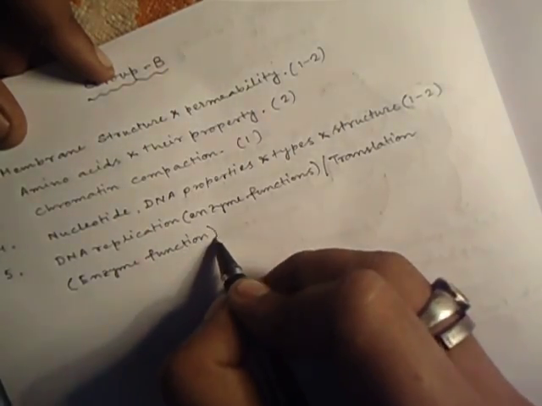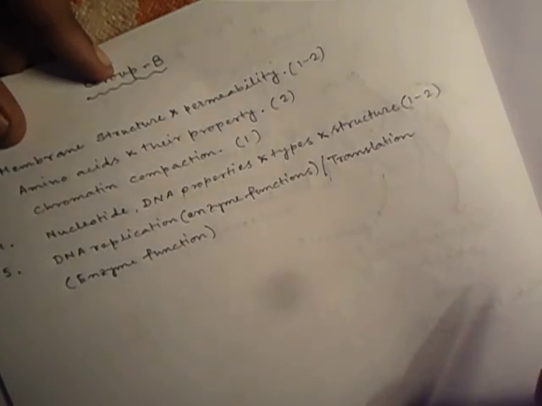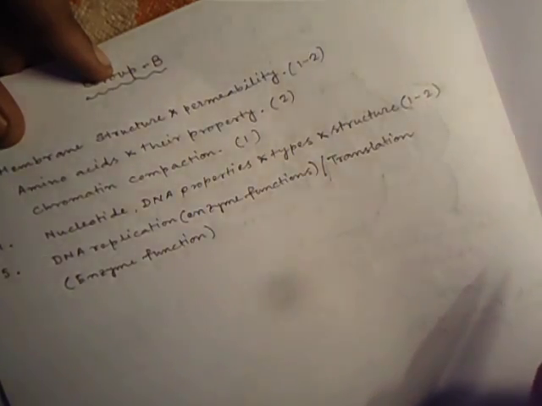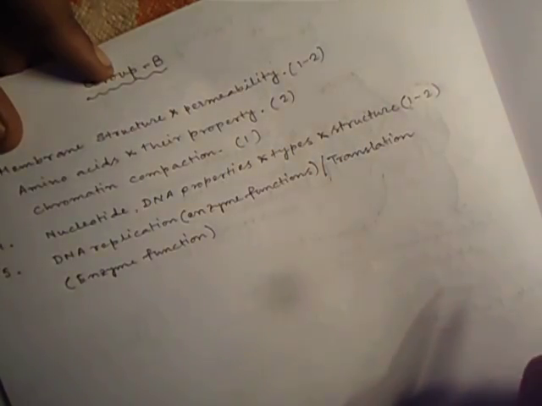These are very much important. DNA replication, transcription, especially enzyme functions of DNA replication, transcription, or translation. Okay, they are very much important for Group B questions, and you have to prepare for that.